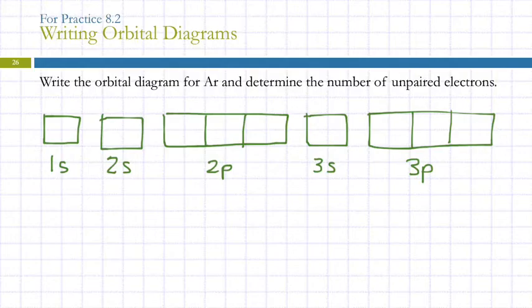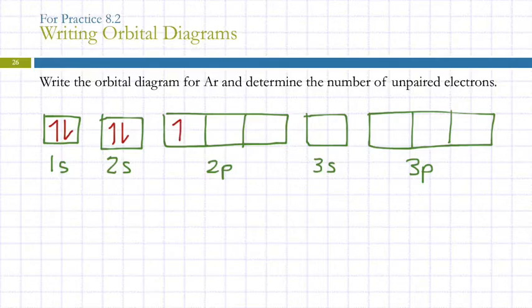How many electrons does argon have? 18. So we're going to fill these up. I seriously think about the electrons in the hotel when I do this. I'm going to make these guys red just for fun. I'm going to count to 18 and fill this up. 1, 2, 3, 4, 5.